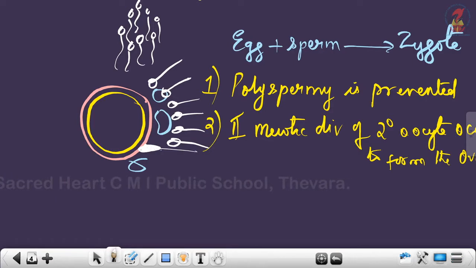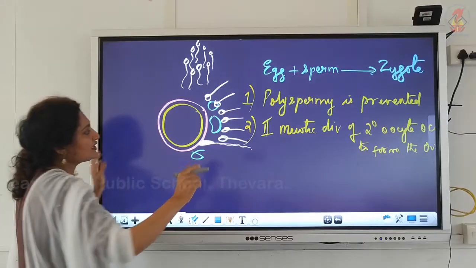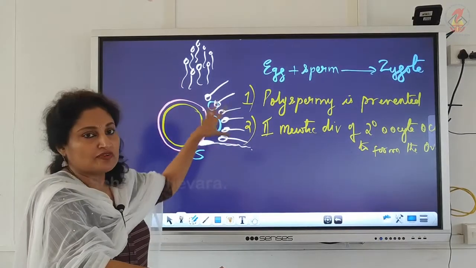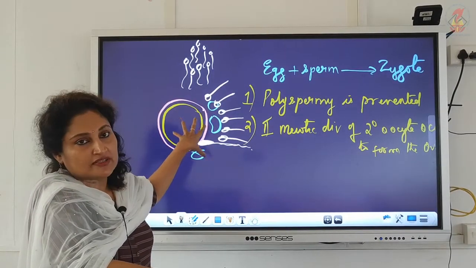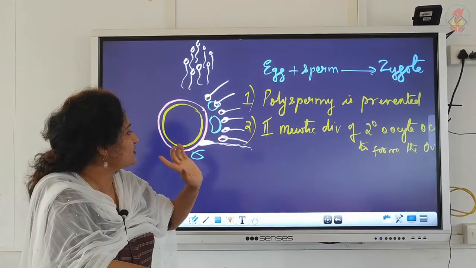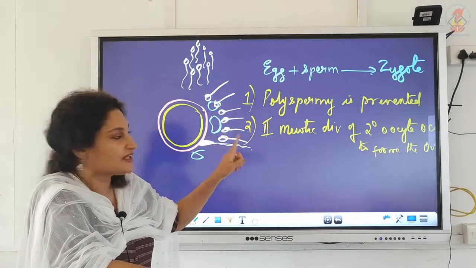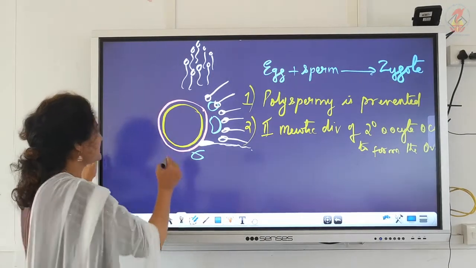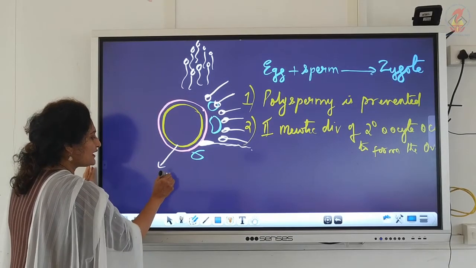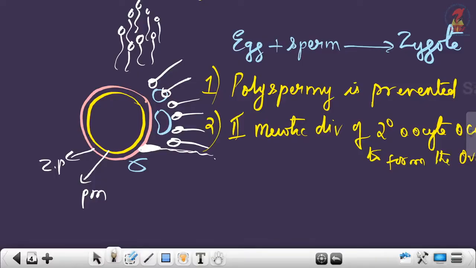When the sperm head is in contact with the zona pellucida, signals are sent to the periphery of the egg to prevent other sperms from entering. So polyspermy is prevented. So when is polyspermy prevented? When the sperm head comes in contact with the zona pellucida. See, this is the plasma membrane and the pink is the zona pellucida.